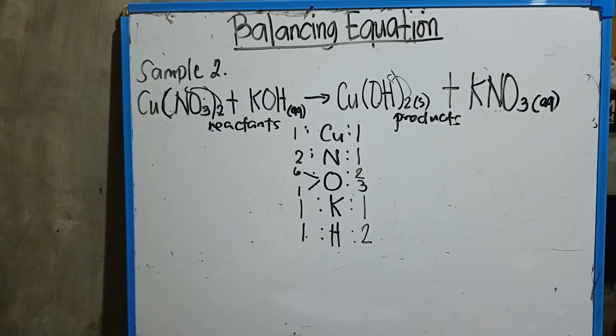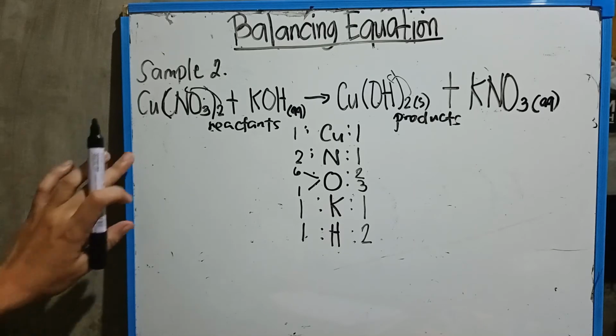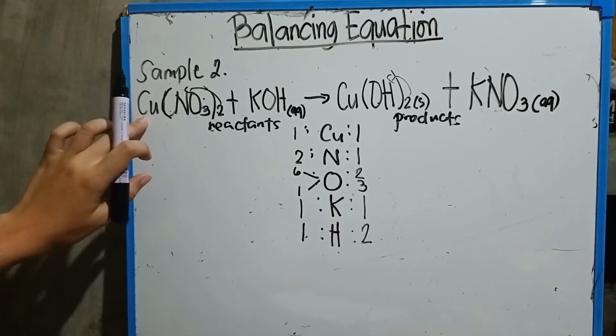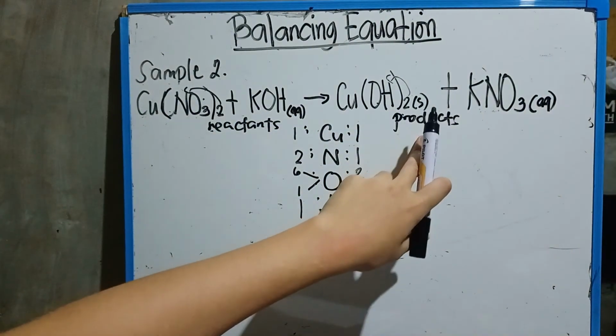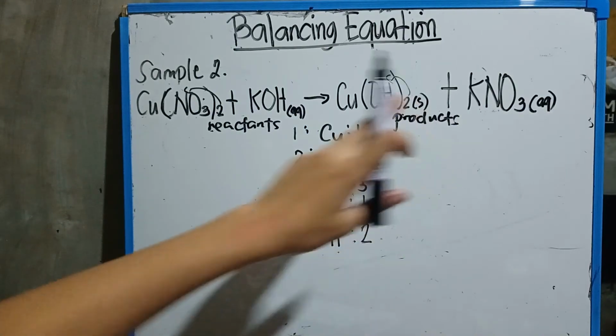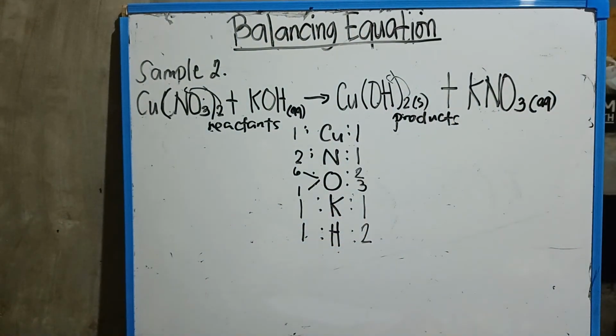So next, we're going to find the least number to use in order for us to balance our chemical equation or our skeletal equation. So why not we use first 2. As you observe here, our copper from reactants and our product is balanced, so pwede na to na i-leave.